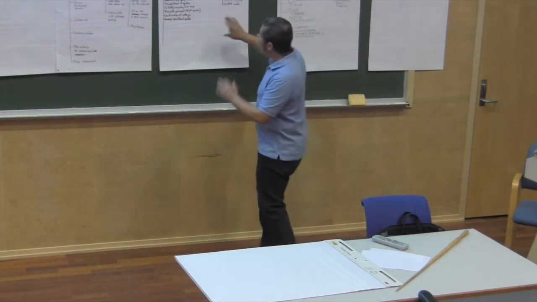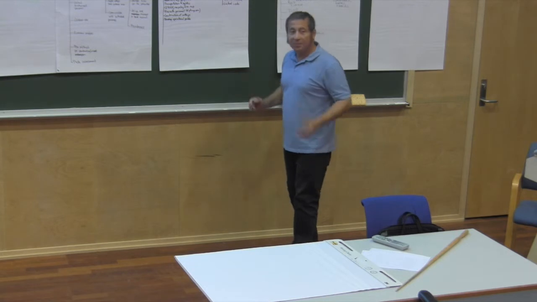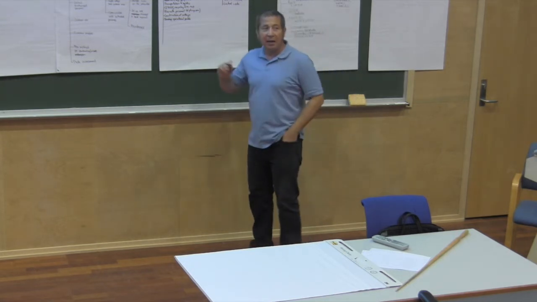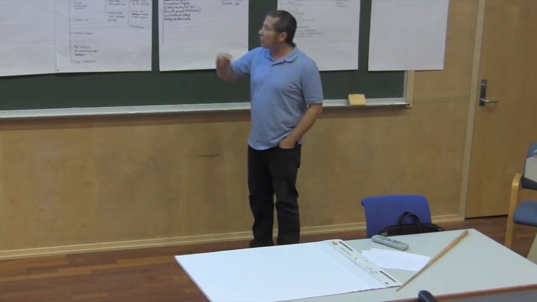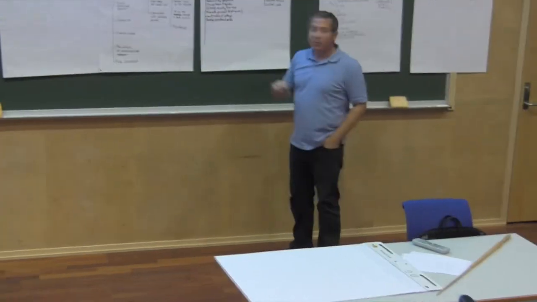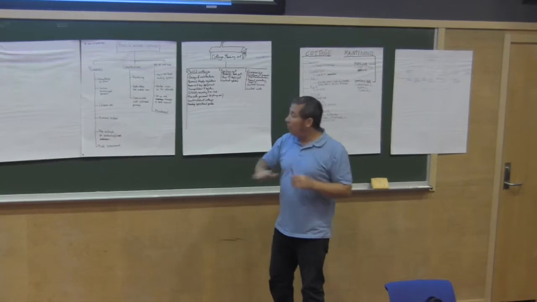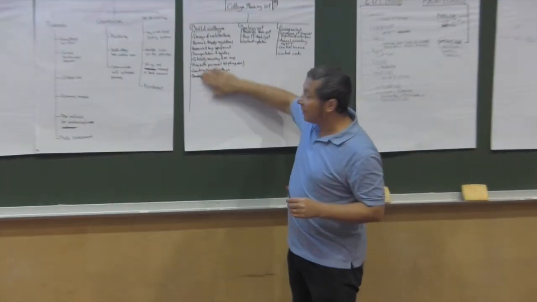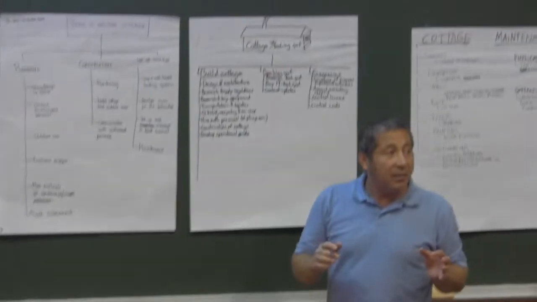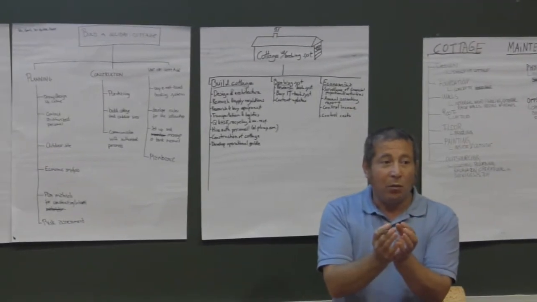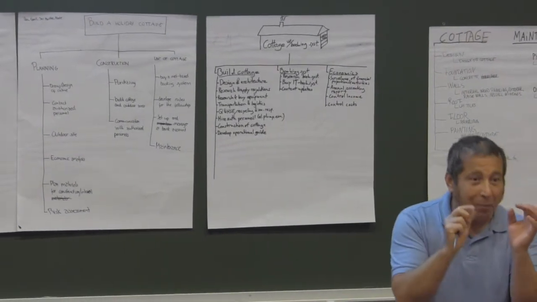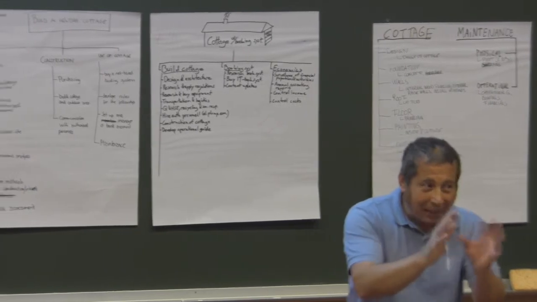Now here, it's a good effort, but let's look at what they write here. They have a work package called Bell Cottage. Okay, so we understand that all these tasks they put here, when you aggregate them, will result in building the cottage.